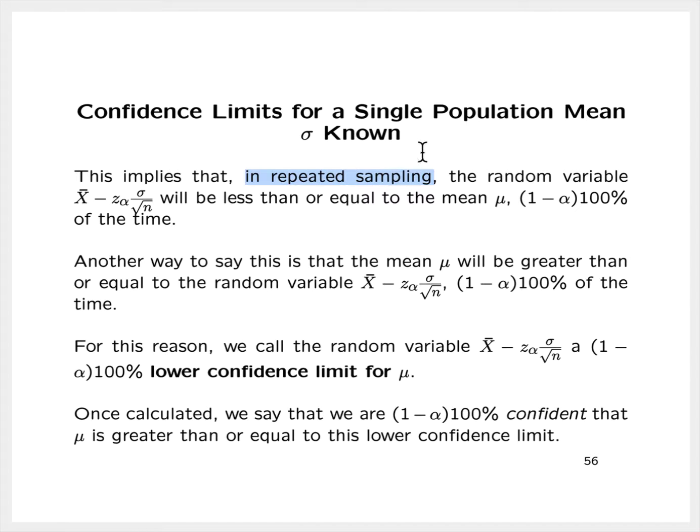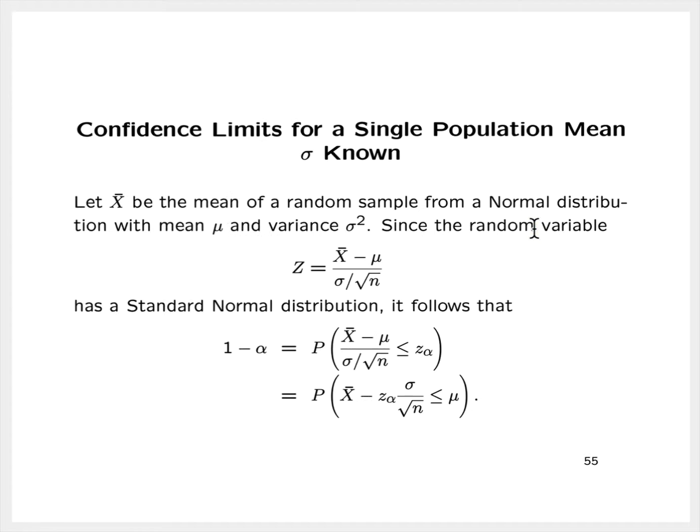When I talk about repeated sampling, I am thinking of this probability in terms of the relative frequency definition of probability, where we think of a sequence of events. We can think of performing the experiment given on the previous slide, where we select a random sample of size n from this particular normal distribution.